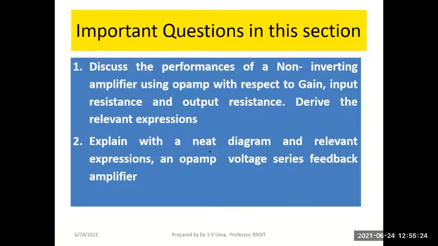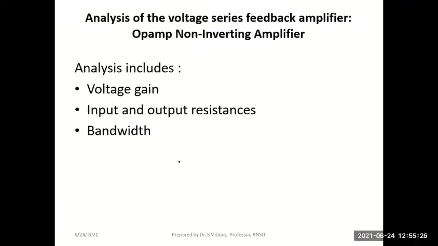So please understand, a non-inverting amplifier is also known as a voltage series feedback amplifier in an op-amp. And when we do the analysis, we are going to find its voltage gain, input and output resistance and bandwidth.